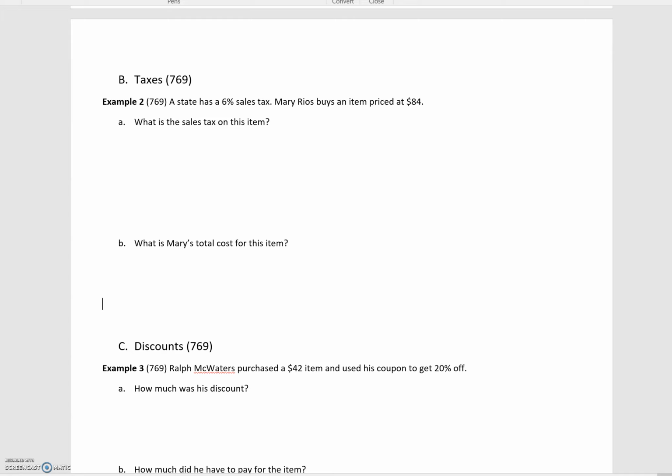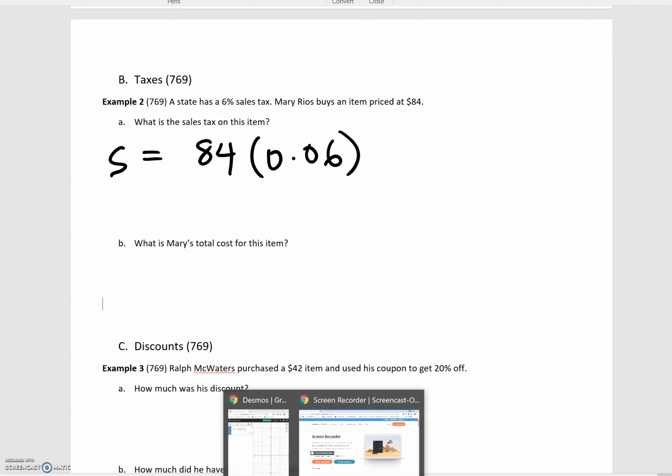So let's look at Mary buying an item at $84, and we can calculate the sales tax merely by multiplying the item amount times the tax rate. The reason we don't have to calculate time is because sales tax occurs when you purchase an item, so it's an immediate addition to the principal of the item.